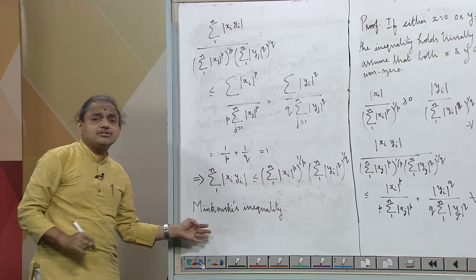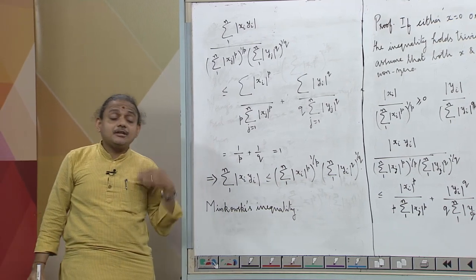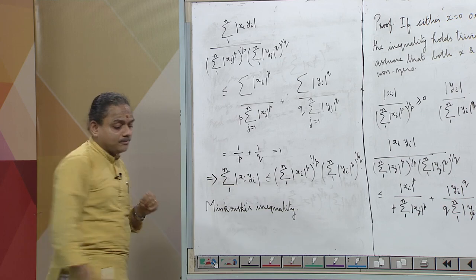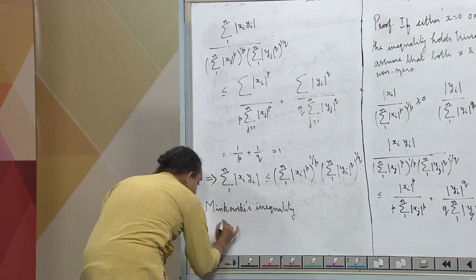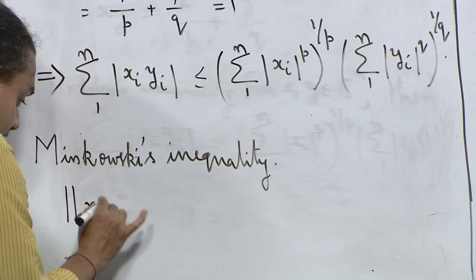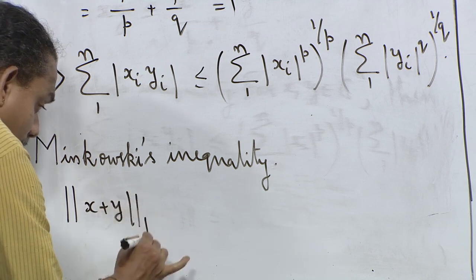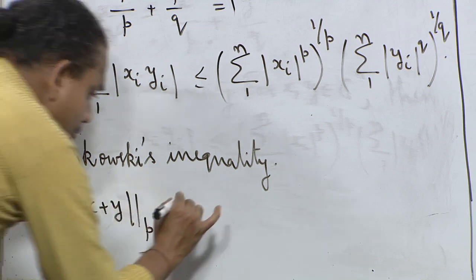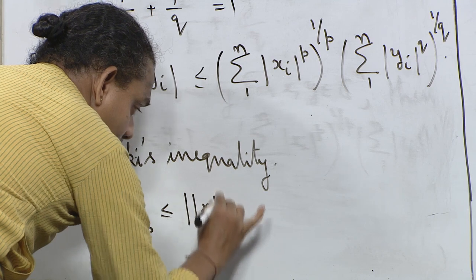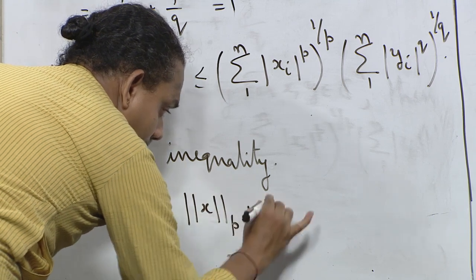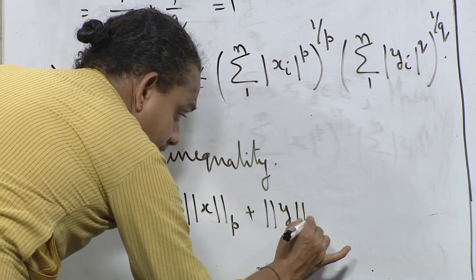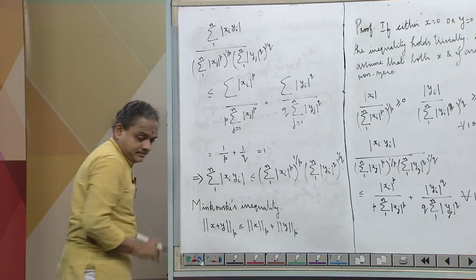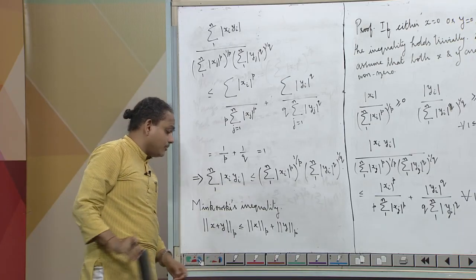So, what is this Minkowski's inequality? This is the triangle inequality for the p norm. The pth norm of x plus y is less than or equal to the pth norm of x plus the pth norm of y, wherein x and y they both come from Cn.